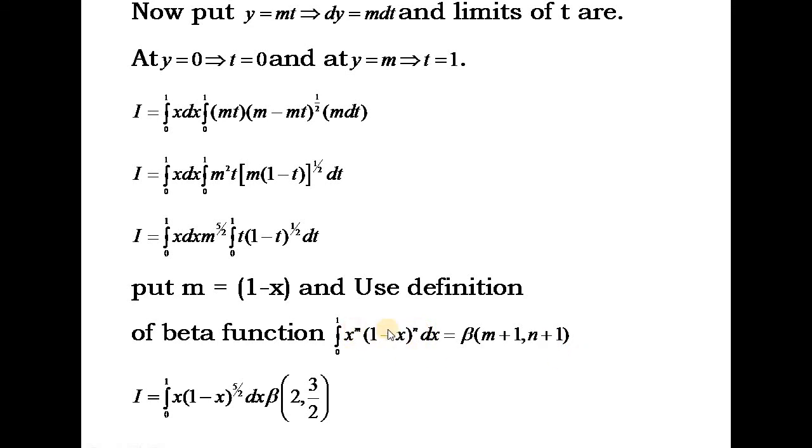Here for t, the power is 1, so 1 plus 1 is 2, and for 1 minus t the power is 1 by 2, plus 1 is 3 by 2. With x dx and m equal to 1 minus x to the power 5 by 2, this is beta (2, 3 by 2), a constant.